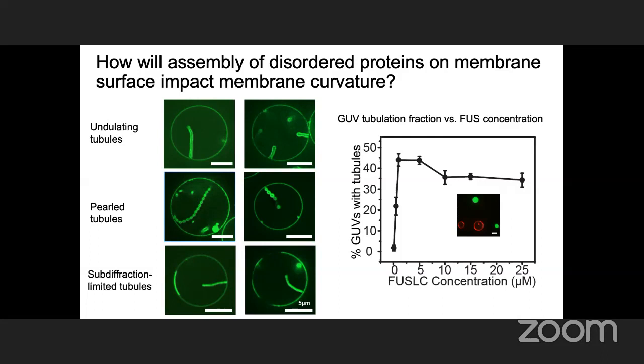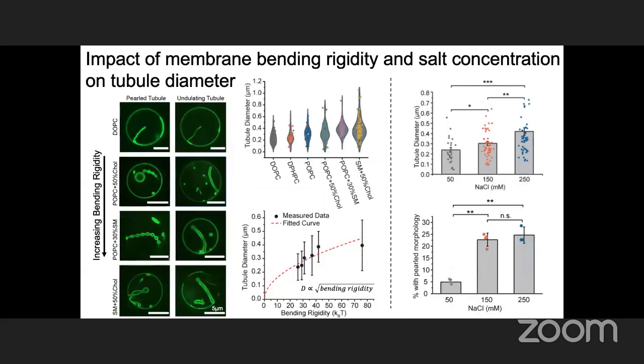Okay, a lot of questions. So Mason wants to ask a question, so go ahead. Yeah, this was awesome. In your multi-component membranes, was there any evidence to suggest that the tubules were enriched for a specific lipid component? Did the tubules have more POPC than the rest of the membrane?